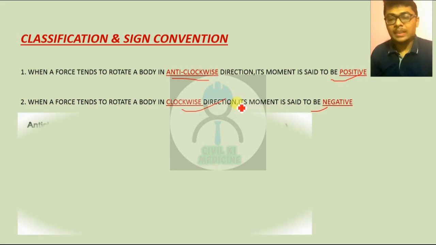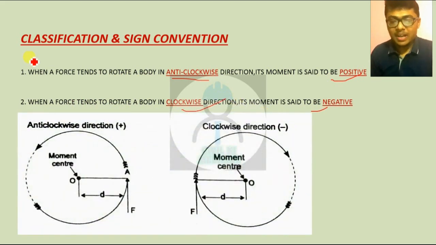Okay, see the diagram. The first diagram is anti-clockwise, so it is positive. This point is the moment center. We have to find the moment about this point, and a force F is acting at point A. Here a moment will be created.